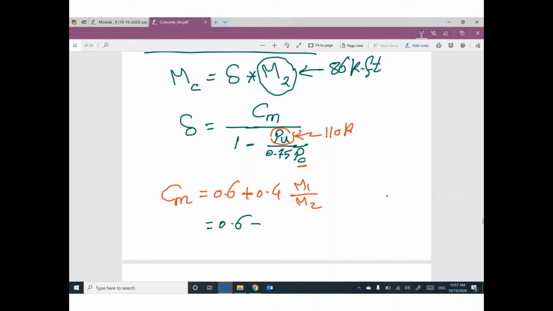Please be careful about the value and sign of M1: 86. What is the value and sign of M2? 86. So what is the value here? It will be 1.